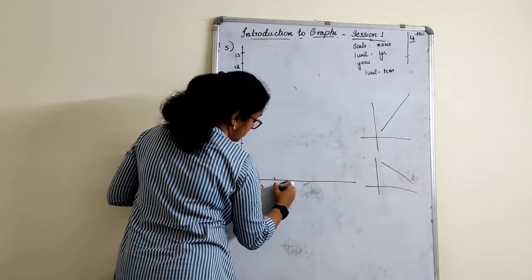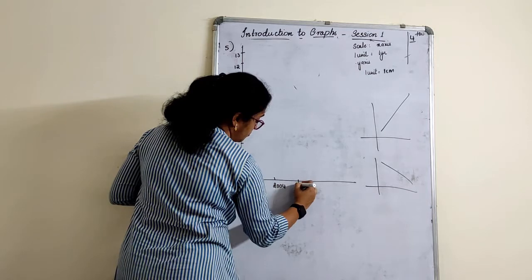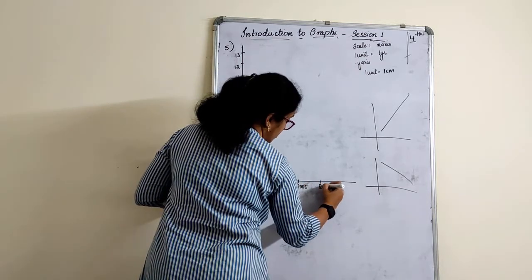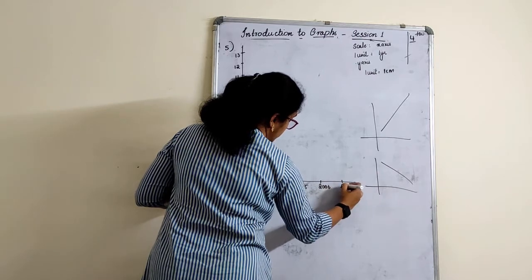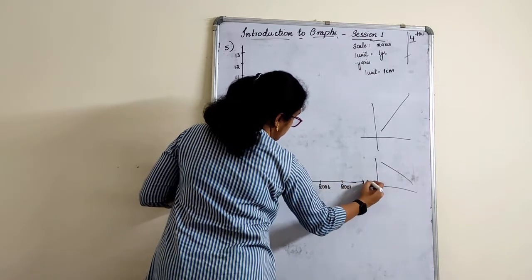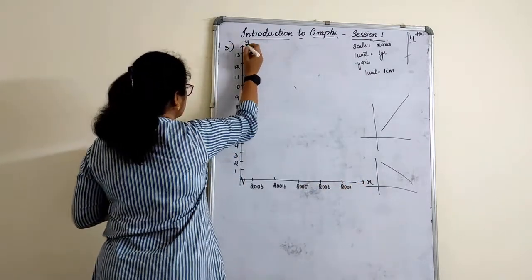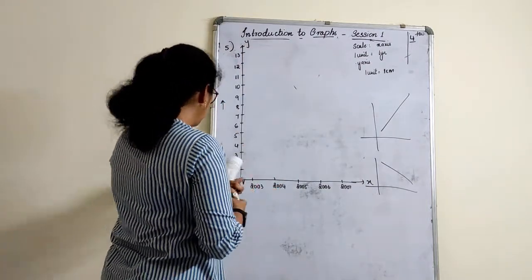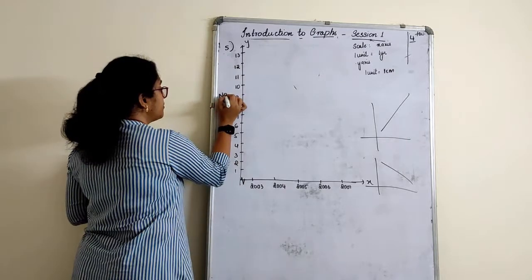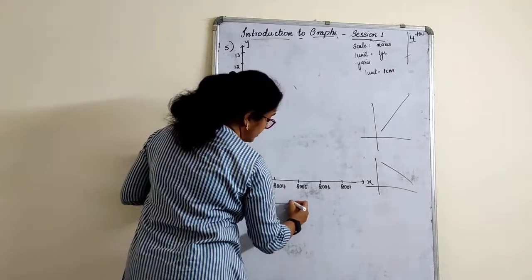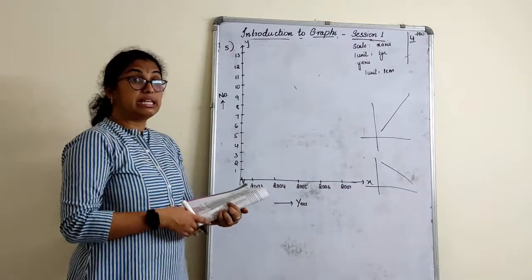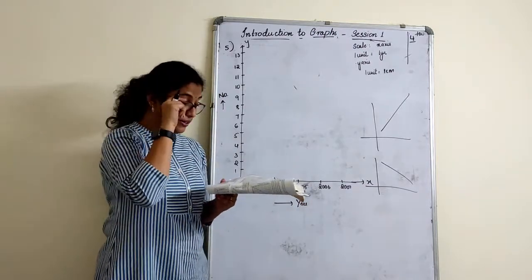Then 2003, 2004, 2005, 2006 and 2007. So this is the x-axis and this is the y-axis. Here you have what they have given, the number of men and women, and here you have the year. So both sets of data have to be plotted on the same graph, only the line drawing can be different.